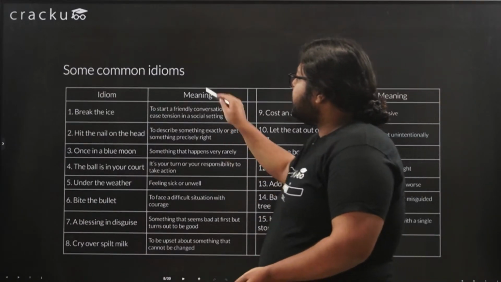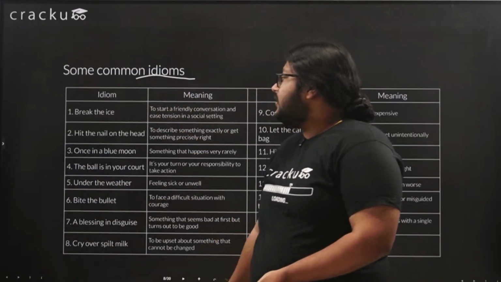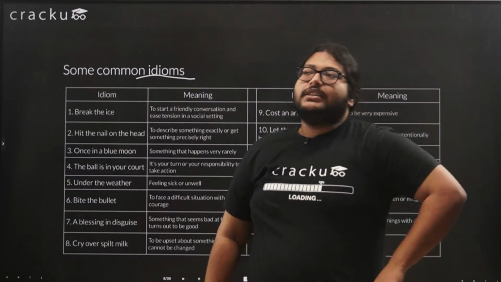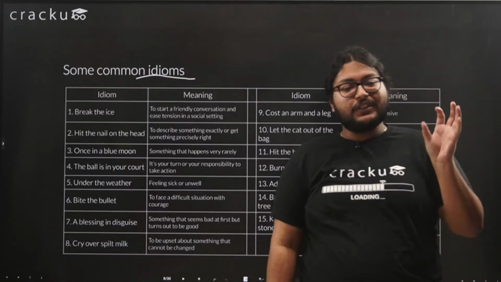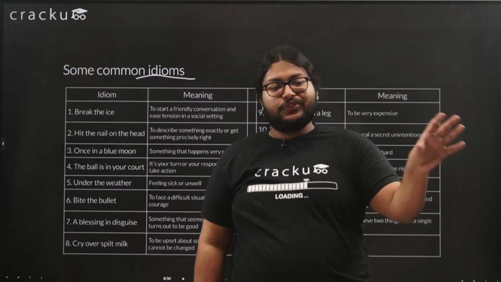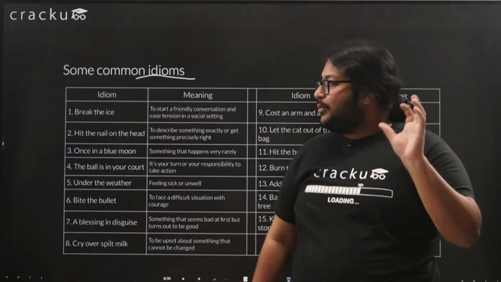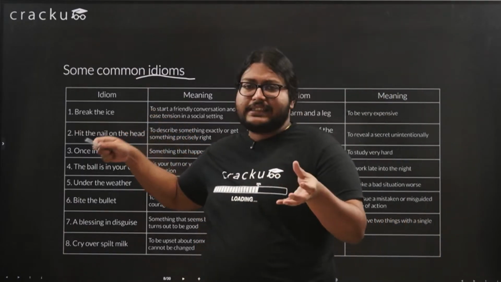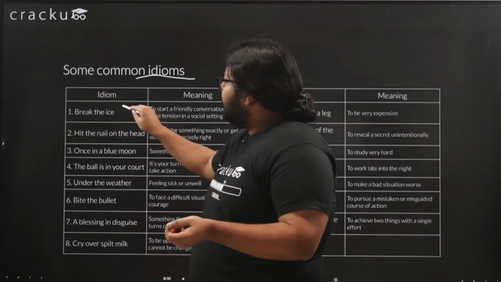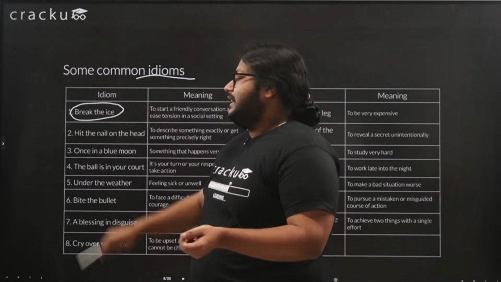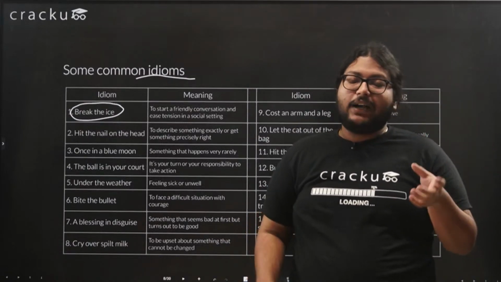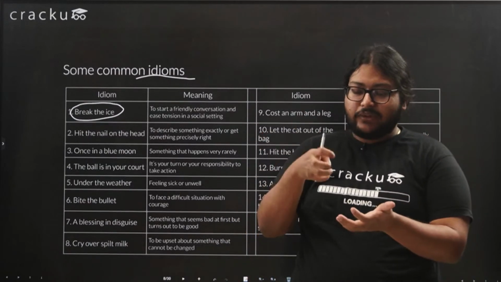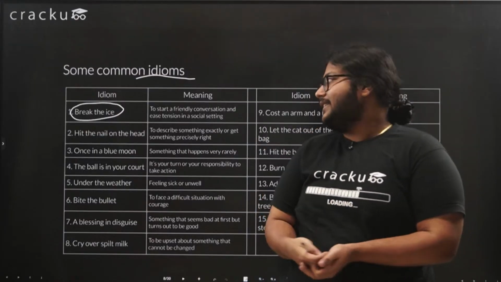Okay, so first we can start with some common idioms. What are idioms essentially? Idioms are a group of words whose actual meaning is different from the literal meaning. Let's look at an example to understand better. First idiom we have is break the ice. When we hear break the ice, it might sound like actually breaking the ice, right?